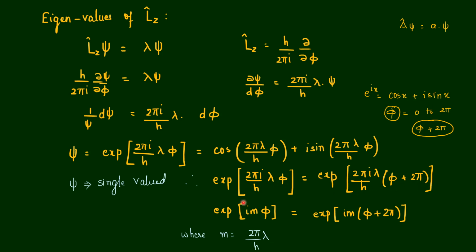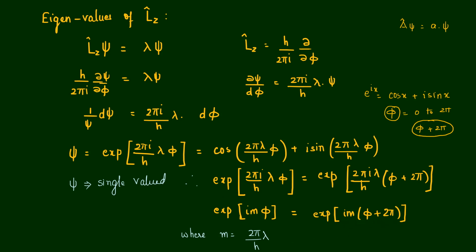On simplifying this, for 2 pi upon h lambda, let us write a constant. You can put any symbol, k or m. I am taking m here. So exponential i m phi is equal to exponential i m times phi plus 2 pi.